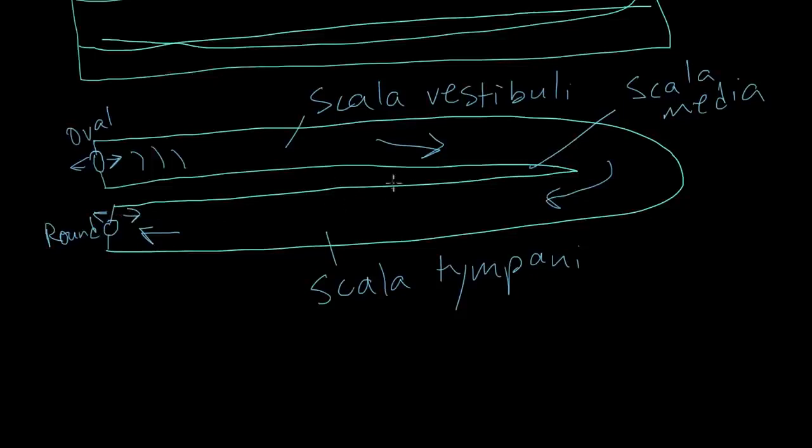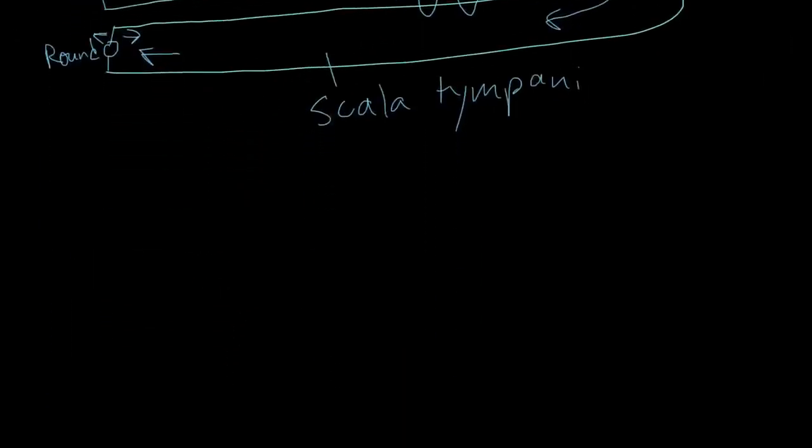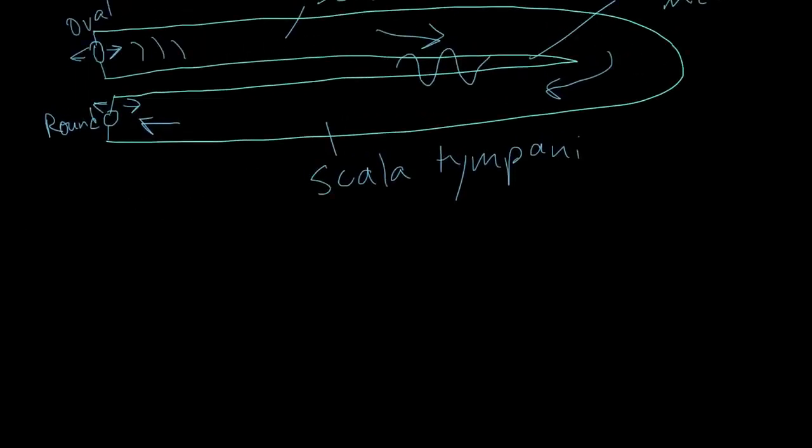And while this is going on, the scala media is going to vibrate. And the reason that's important is because throughout the length of the scala media, we have a special organ called the organ of Corti.